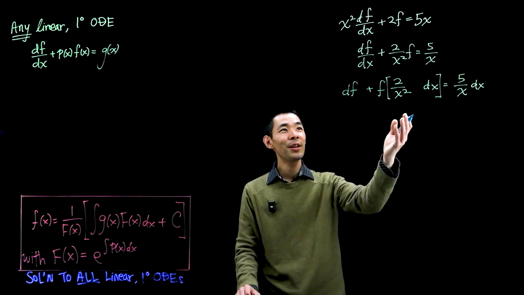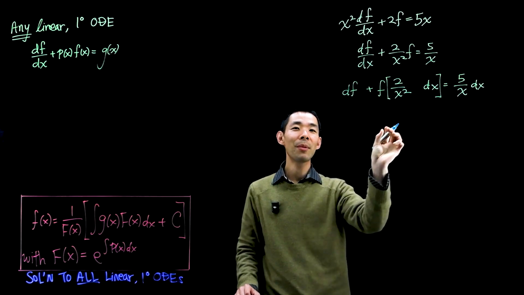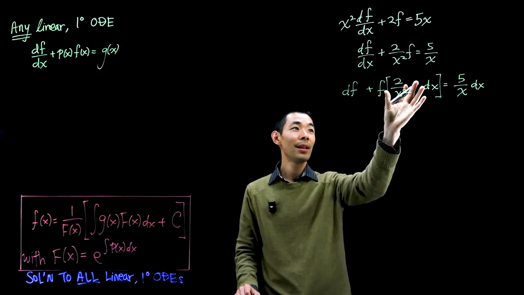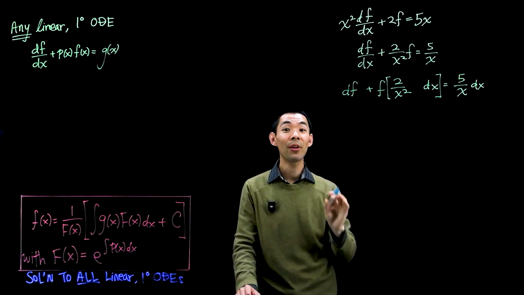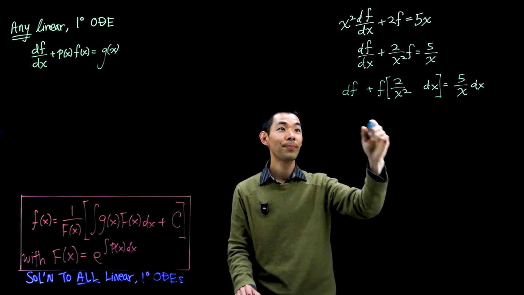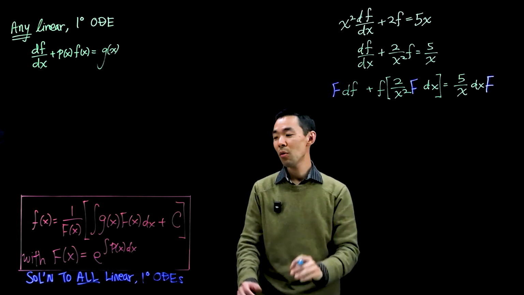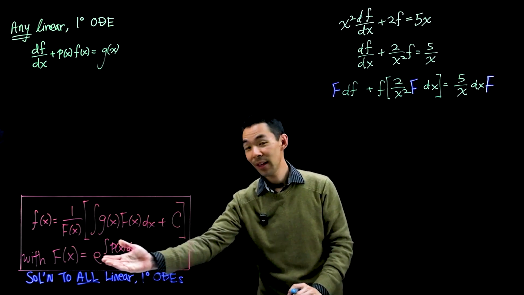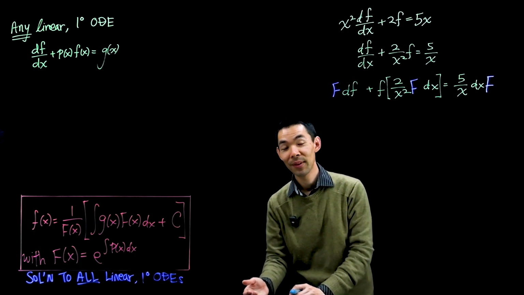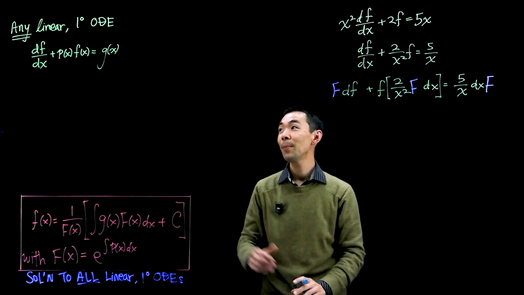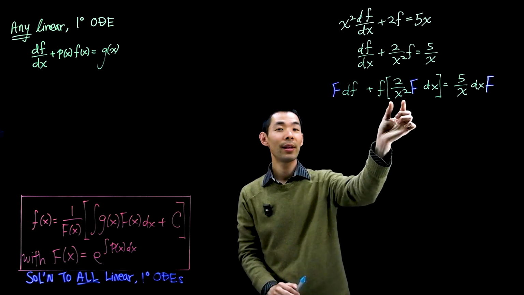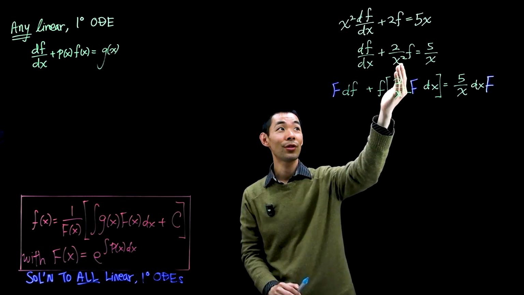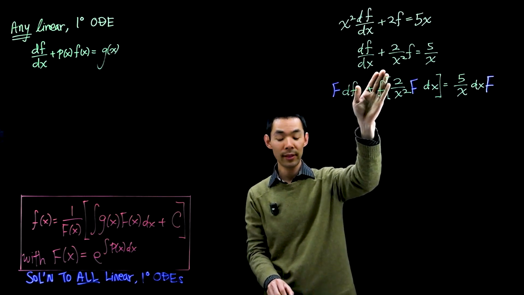OK, all I've done here is to multiply through by the small increment dx. And now we're going to, again, assume there exists some function capital F that we can multiply across. And now we know what F is. It's just the integrating factor. In this particular example, we have a p of x, which is 2 over x squared, because you can see the mapping.